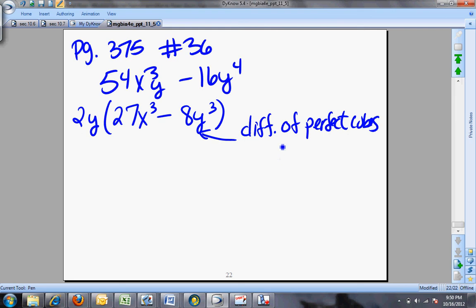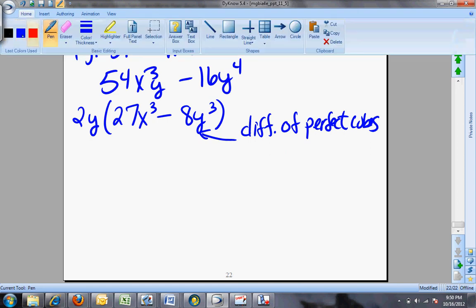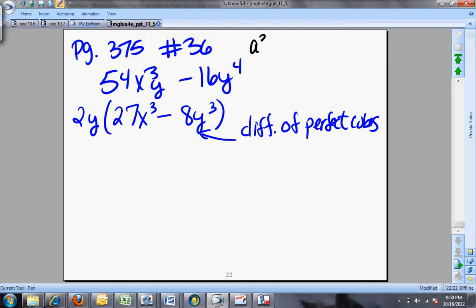The difference of perfect cubes, remember these are the formulas that you do need to know. If I have a cubed minus b cubed, a cubed minus b cubed is equal to a minus b times a squared plus ab plus b squared. Hopefully I memorized that right.